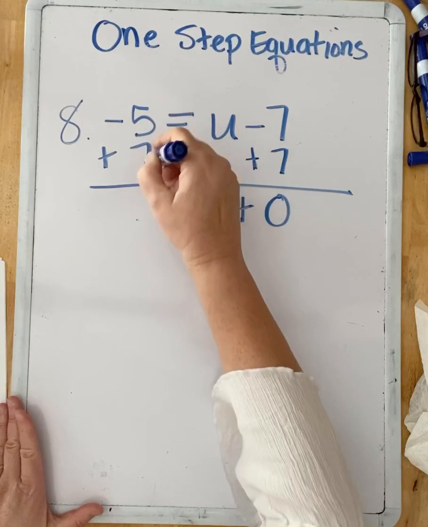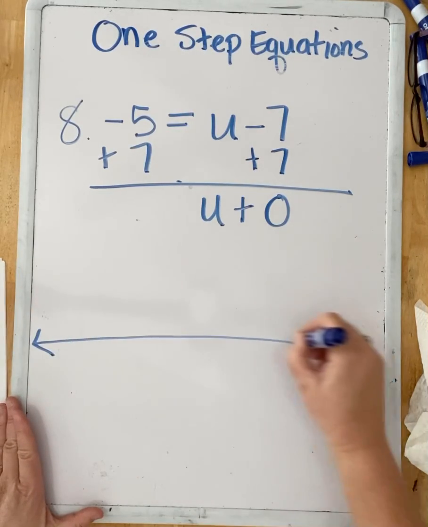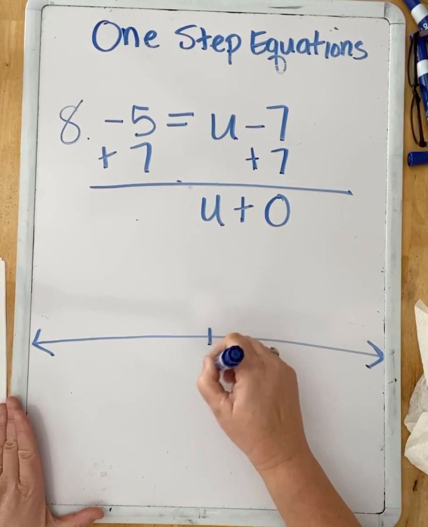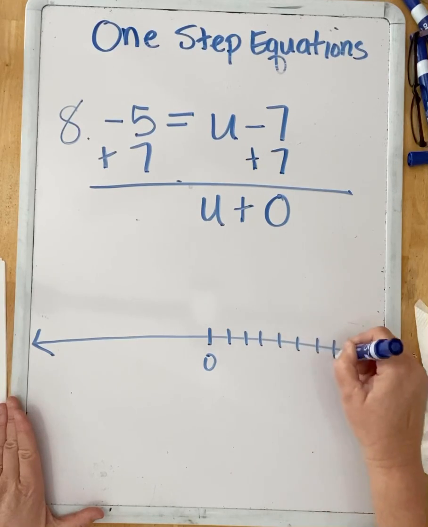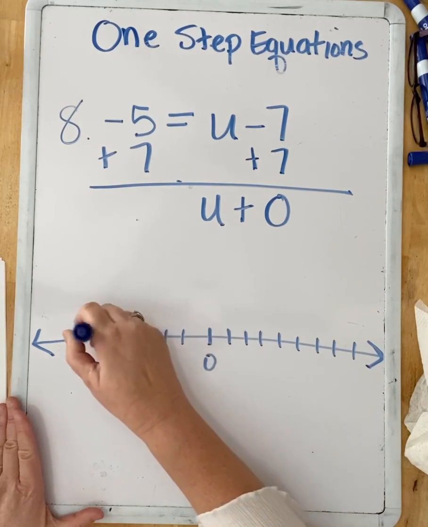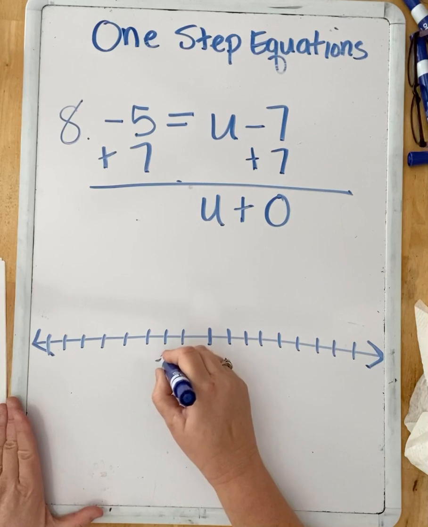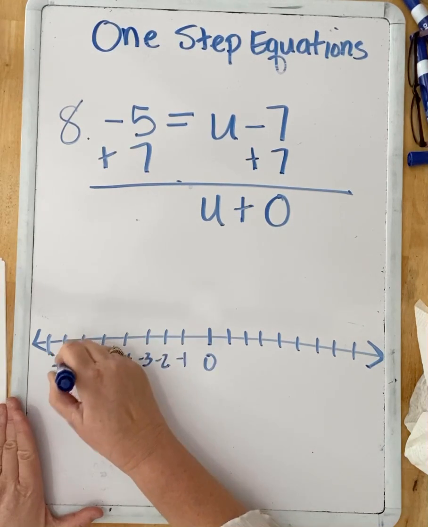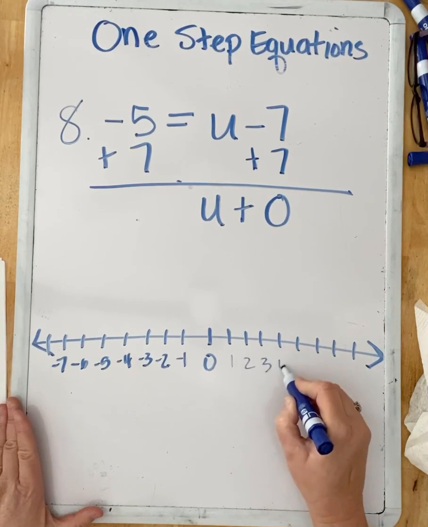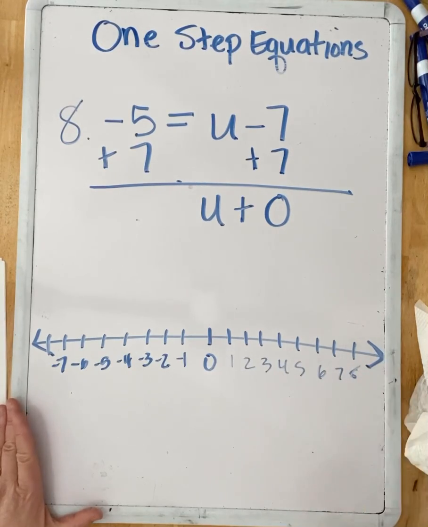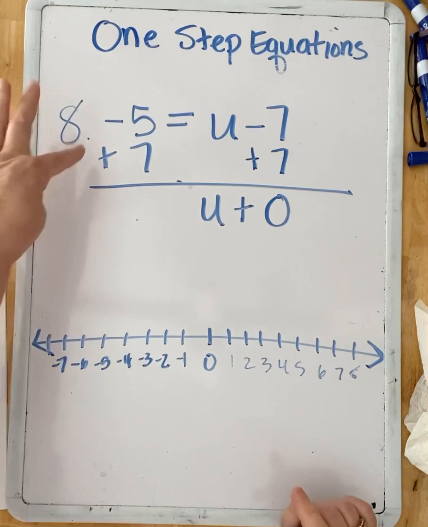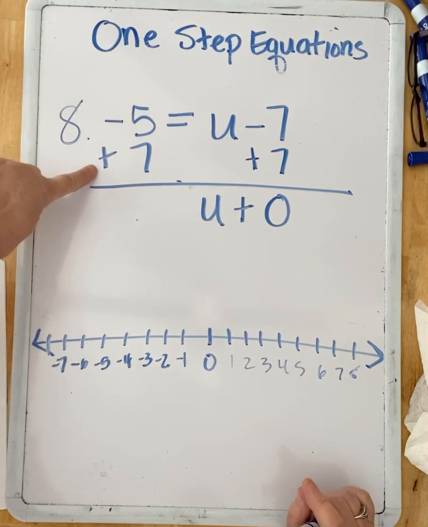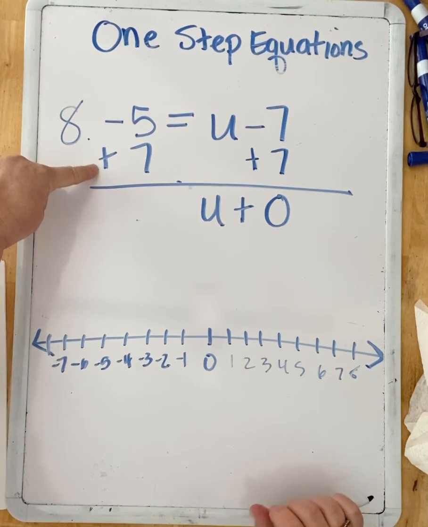There's my u. Okay, now I'm adding negatives and positives again. So if I have 1, 2, 3, 4, 5, 6, 7, 8, and -1, -2, -3, -4, -5, -6, -7, I'm going to start at -5, and I want to go positively 7.